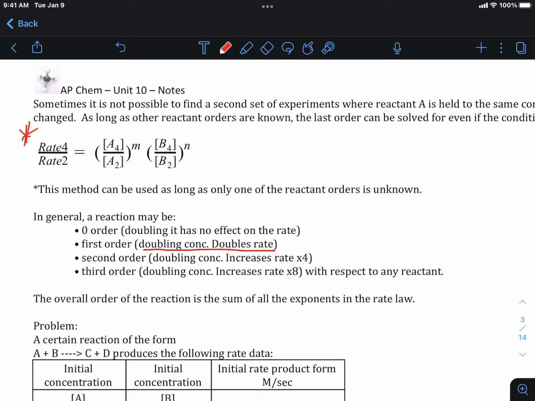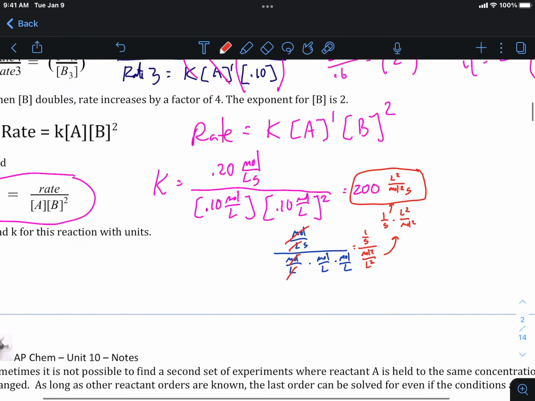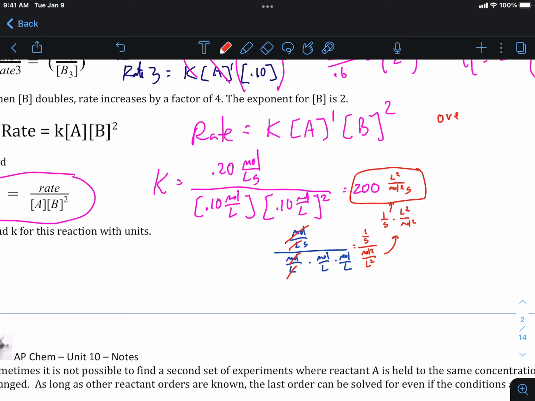So the individual orders of M and N, whatever you do to that reactant, if you double it, if you triple it, that predicts what's going to happen to the rate. And then there's what we call overall order, which is just the sum of all the exponents. Meaning, if we go back here and I said, what's the overall order? You would add up the exponents and you say the overall order is third, because the order of 1 plus the order of 2 is third order overall.